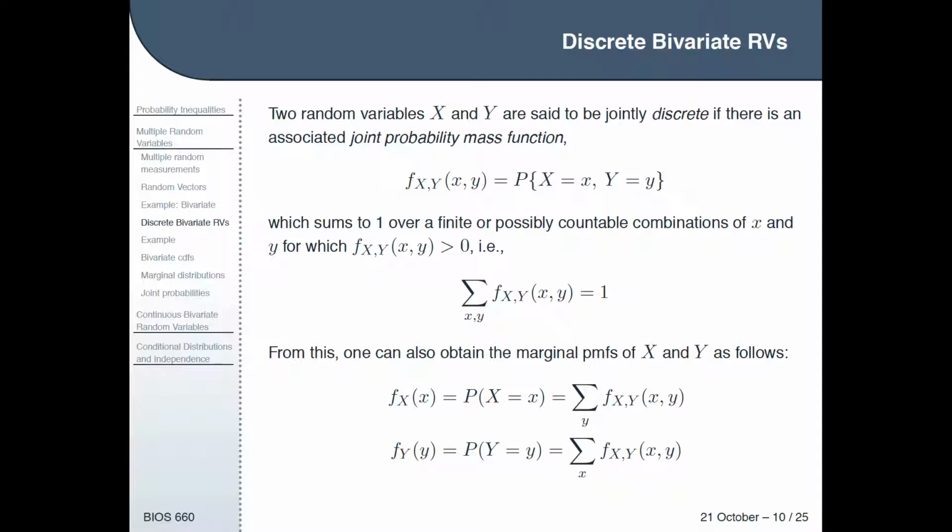To get the marginal probability mass function for X, you just take the joint and sum over all possible values of y. To get the marginal for Y, you just sum over all possible values of x. Hopefully that agrees with your intuition. If you're having trouble wrapping your brain around that, I'll give an example on the next slide that will hopefully make this clear.